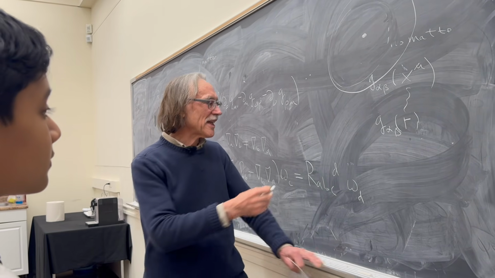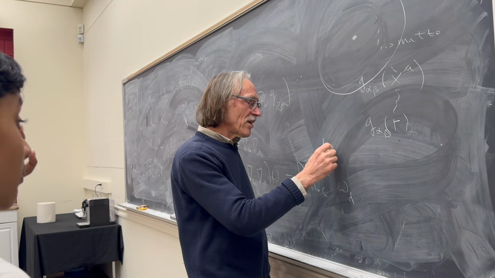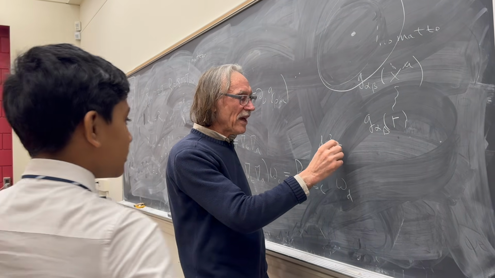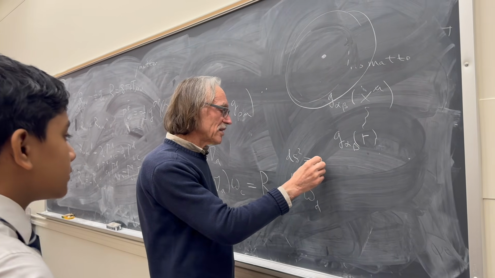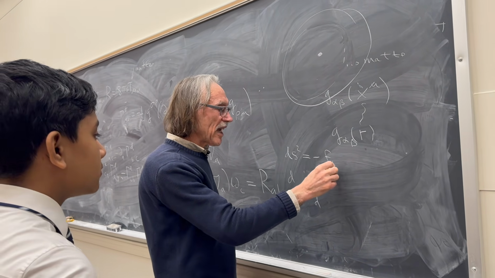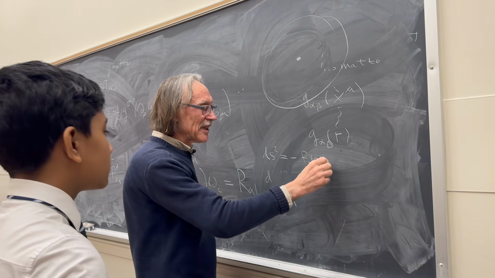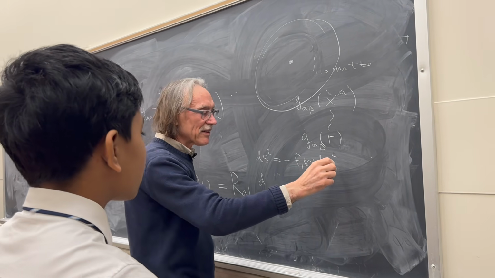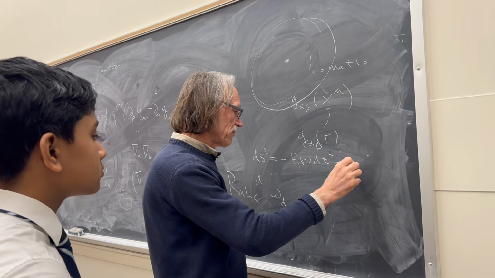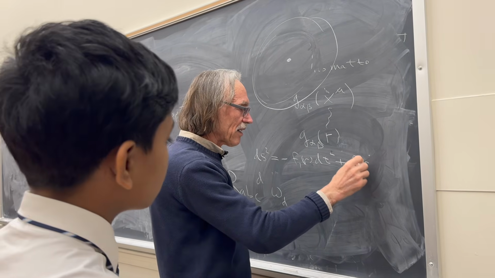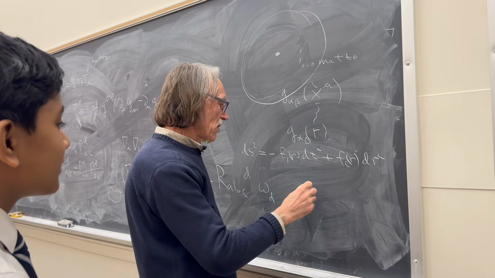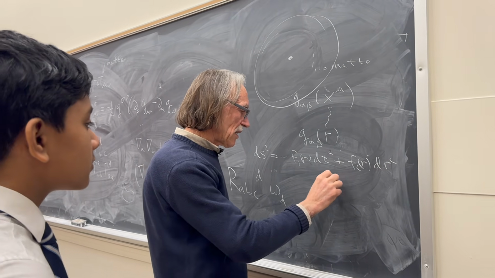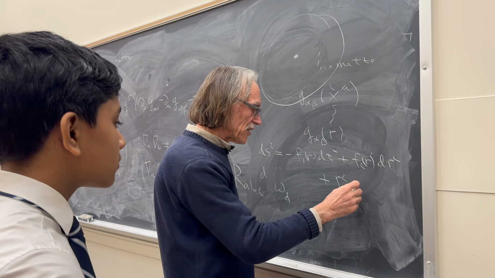Right. So what you know is that the metric is equal to, say, minus f1 of r times dt squared plus f2 of r times dr squared plus r squared times d omega squared.